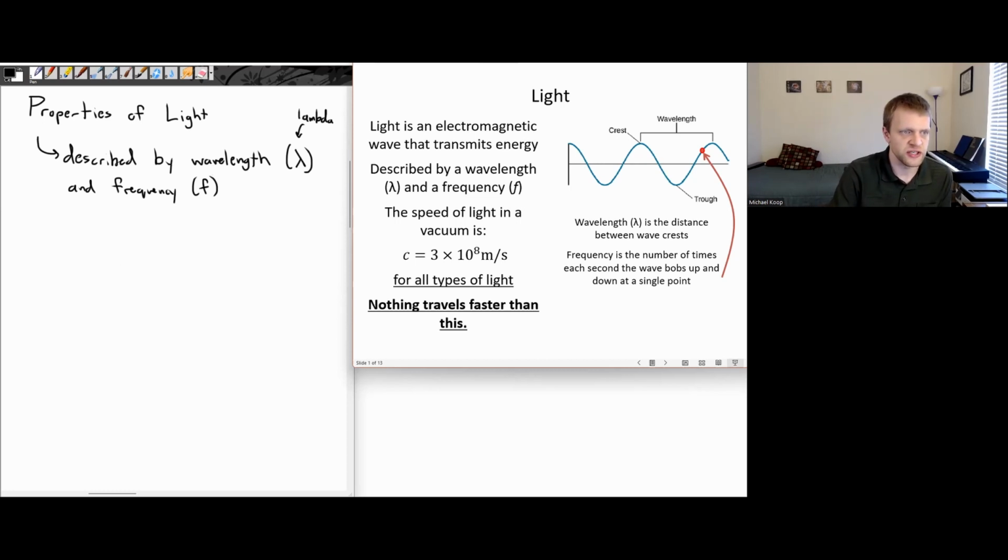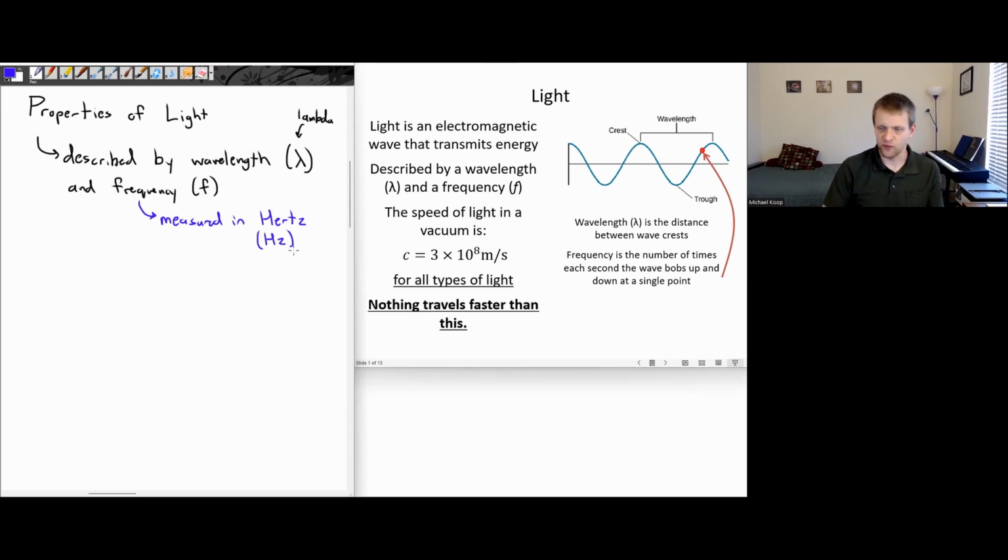And this frequency, we're generally going to measure in units of hertz. So this frequency is measured in hertz, which is sometimes symbolized as capital H, lowercase z. And when we talk about a frequency in hertz, we're literally talking about how many cycles does it go through per second.